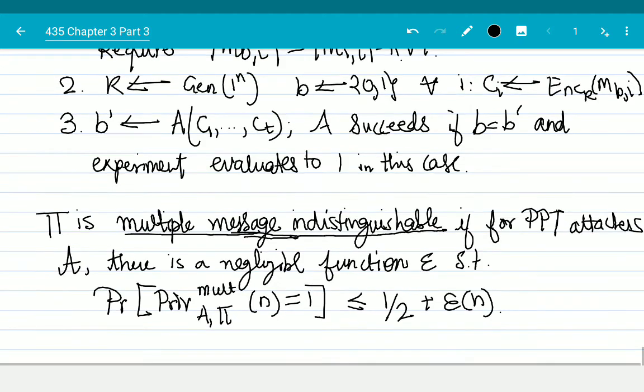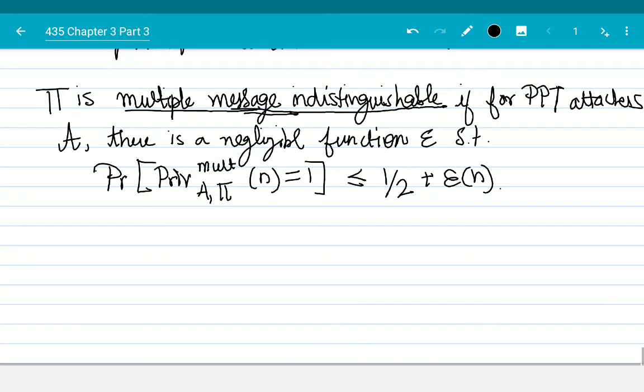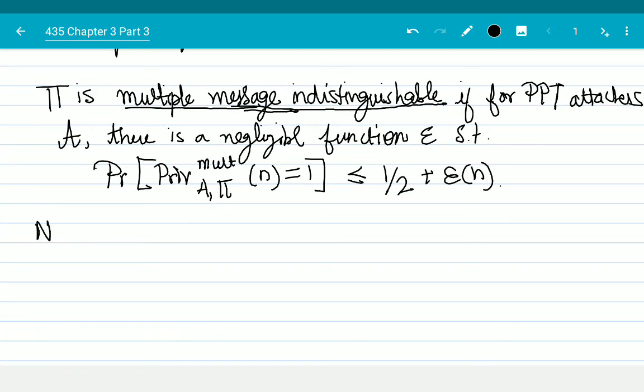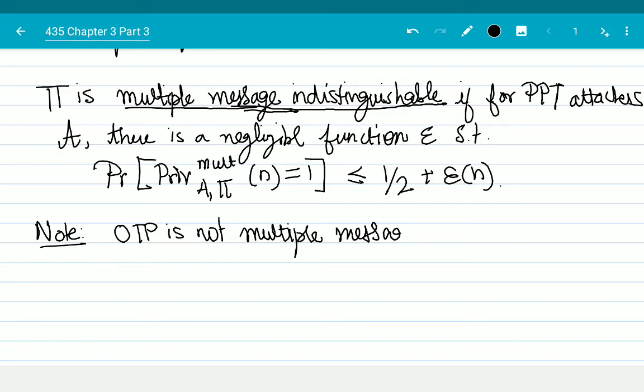Now, here's the first problem we face. Note that OTP is not multiple message indistinguishable.